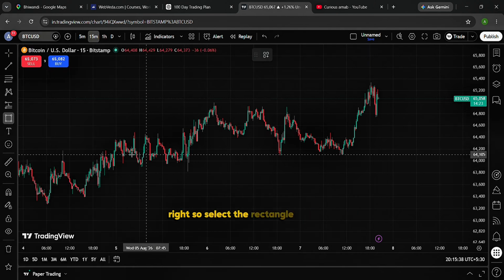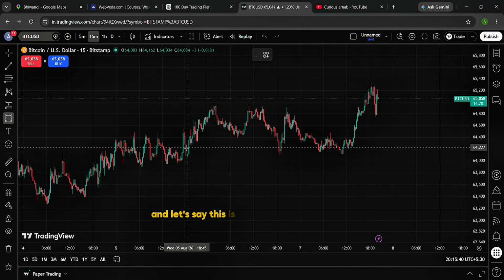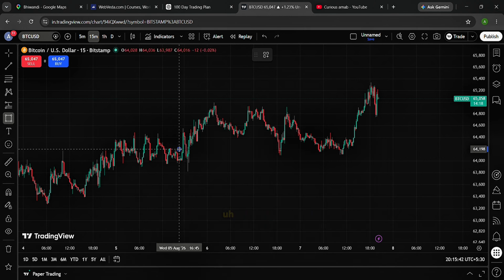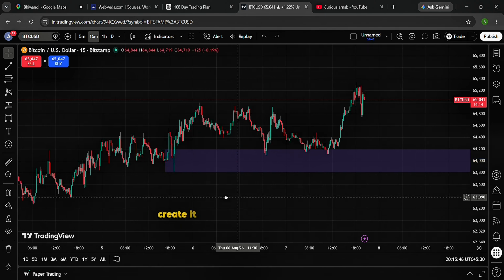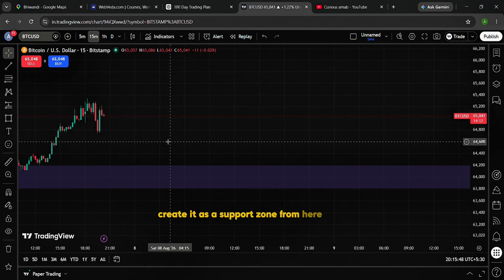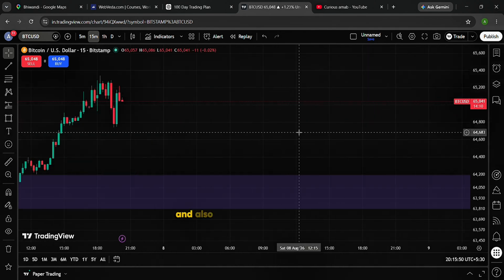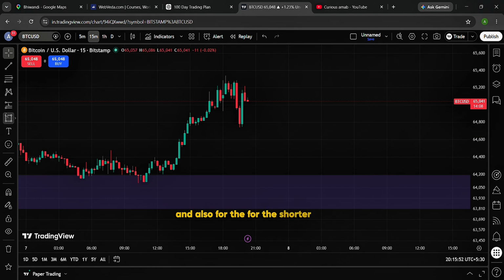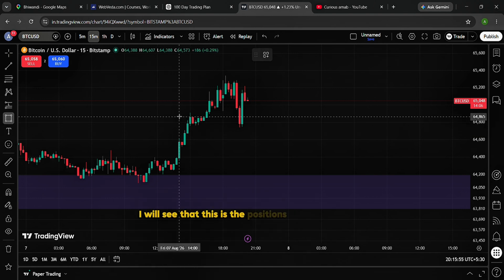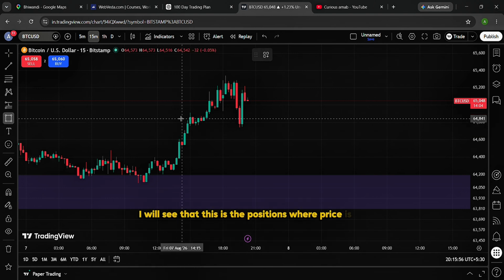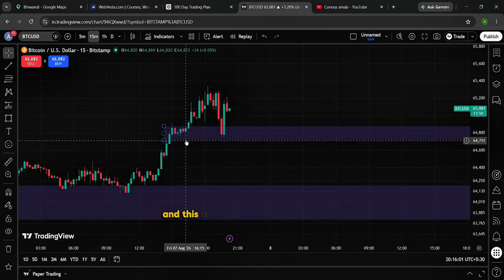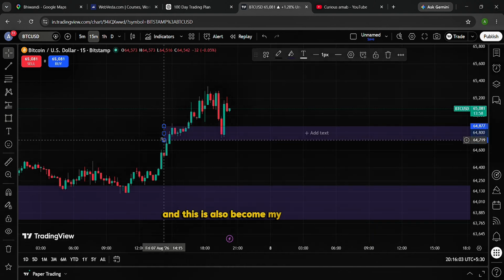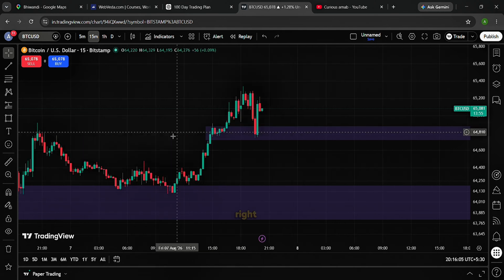So select the rectangle tool, and let's say this is a strong support position for Bitcoin, and I will simply create it as a support zone from here, right? And for the shorter run, I see that this is a position where price is taking a small support, and this also becomes my support zone, right?